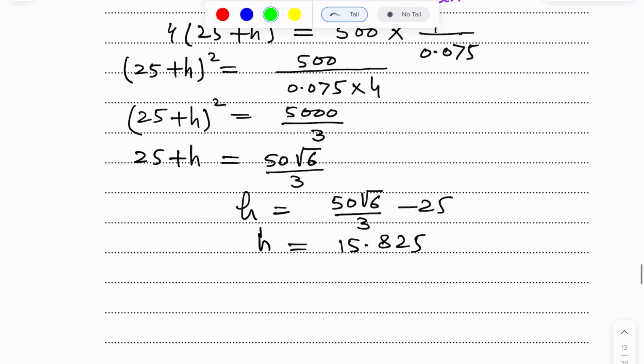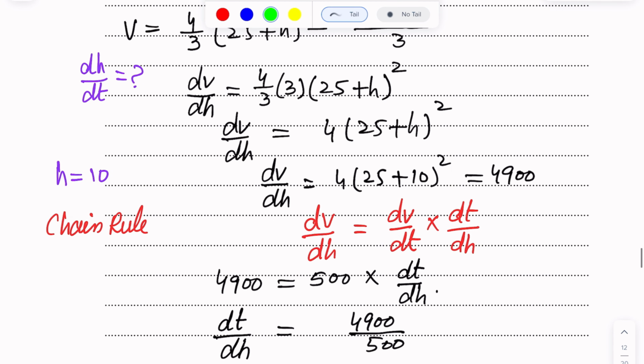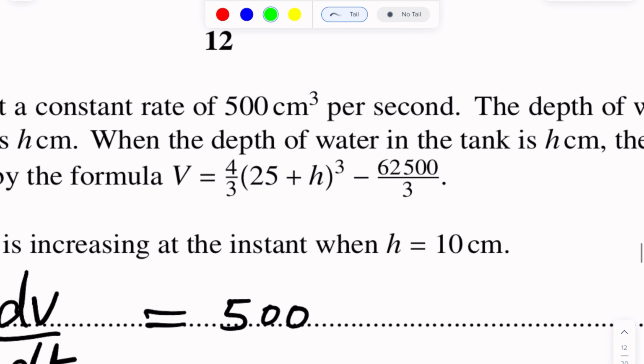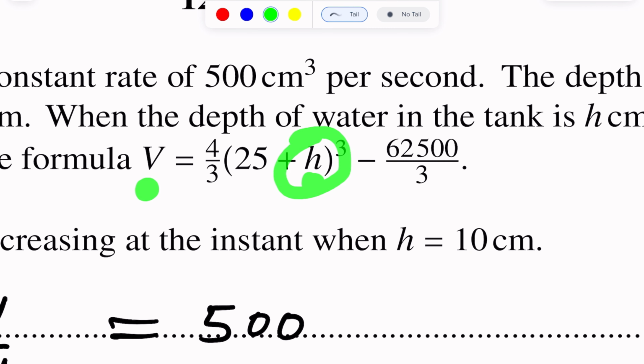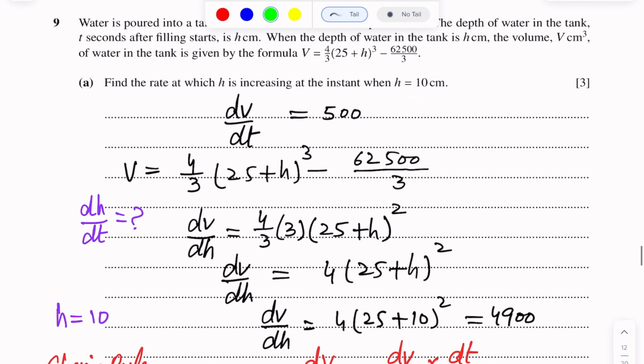This means that at h equal to 15.825, we have to find the volume. Now putting this value of h in the given relation between V and h, we get the value of volume.